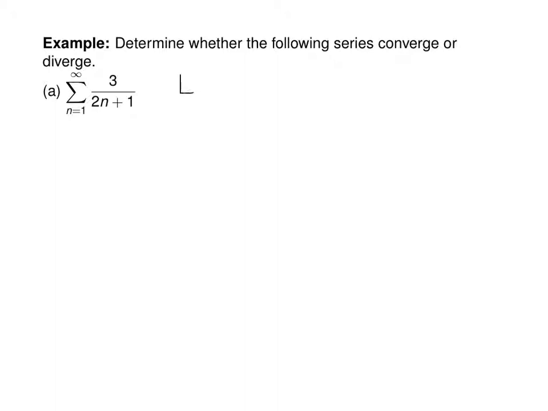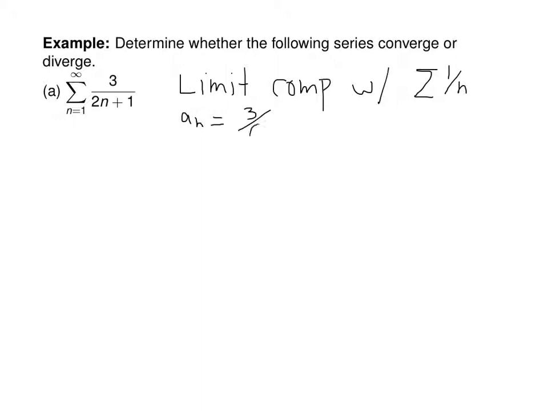So we'll use the limit comparison test with 1 over n. So let's let a sub n be the terms of the original series, and b sub n be the terms of the other series. And the limit comparison test says that if this limit is equal to a finite number, then both series do the same thing.